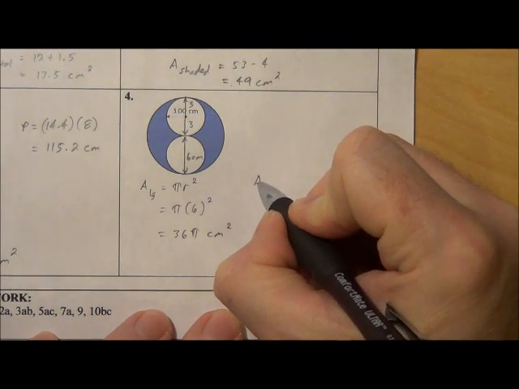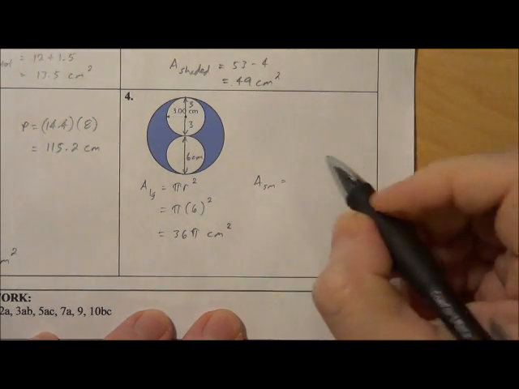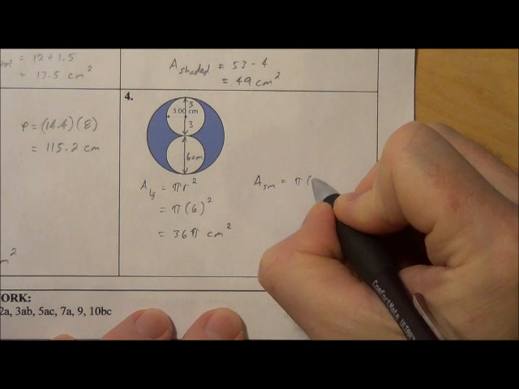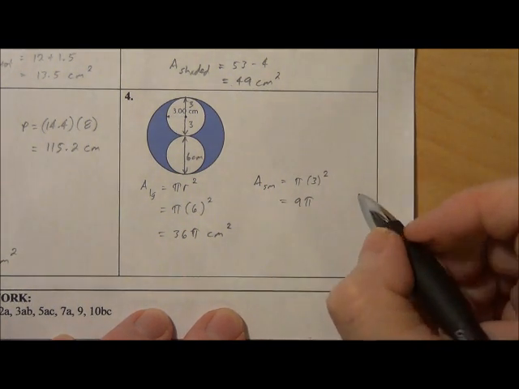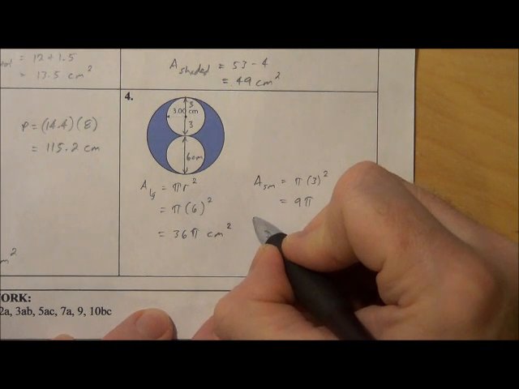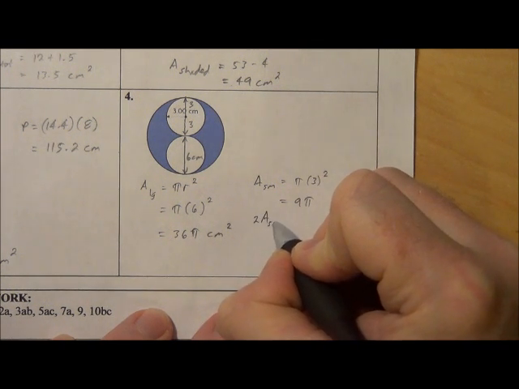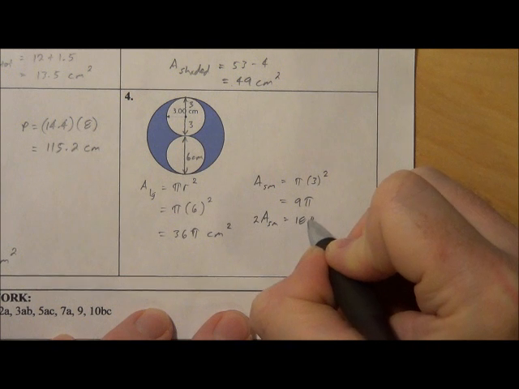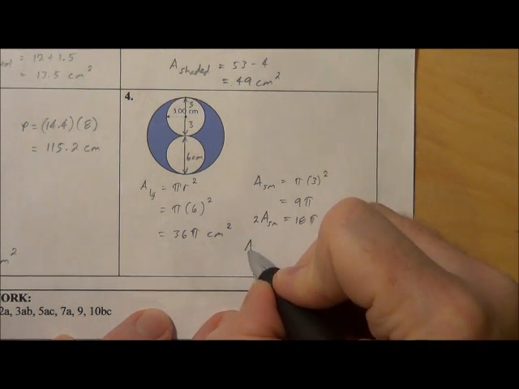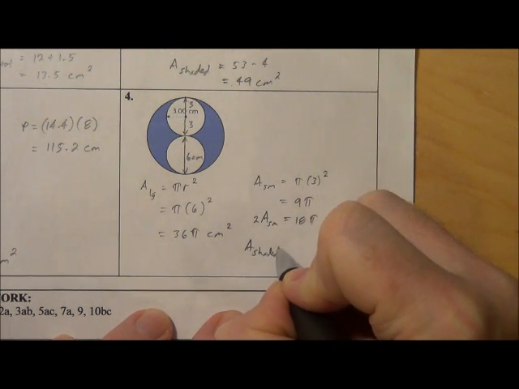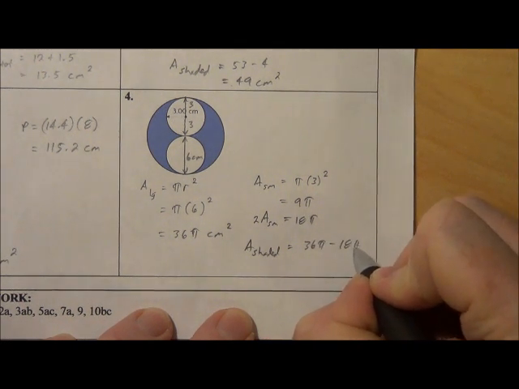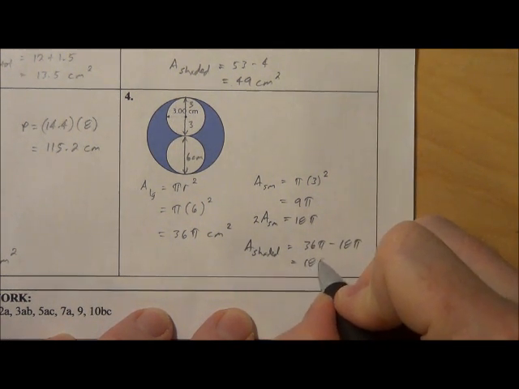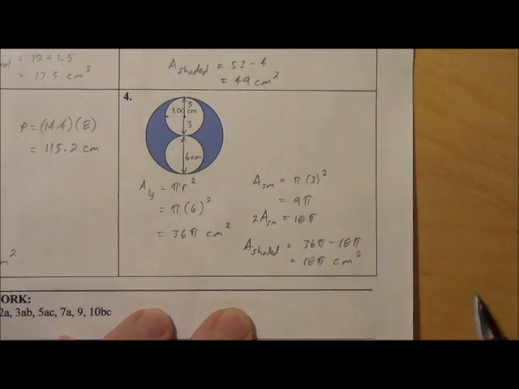And then the area of the small circle is pi times 3 squared, which is 9 pi. And we know there are 2 of them, so 2 times 9 pi is 18 pi. So the area of the shaded region is 36 pi minus 18 pi, which is 18 pi square centimeters.